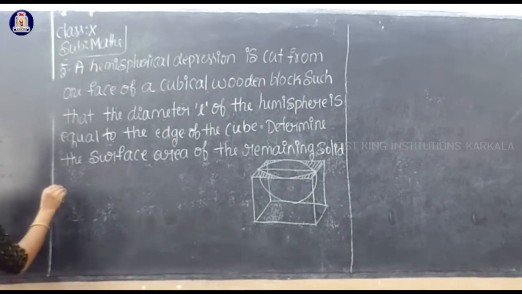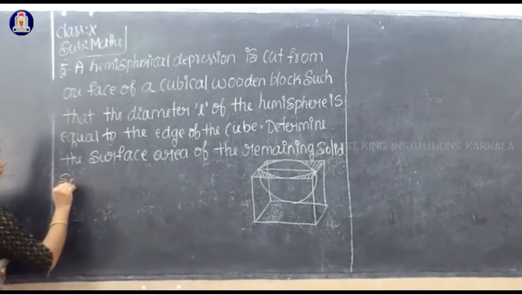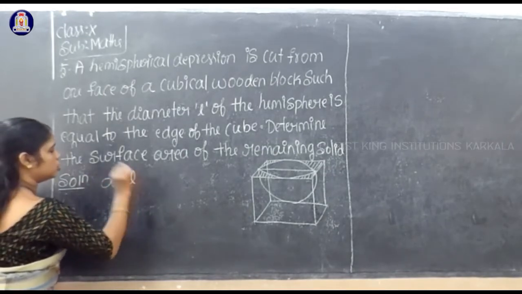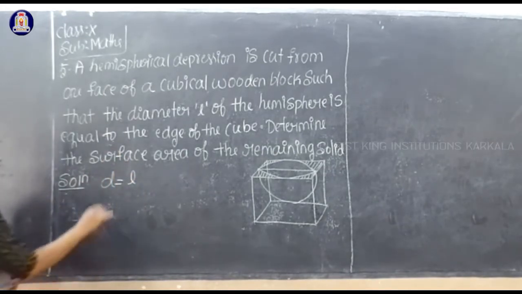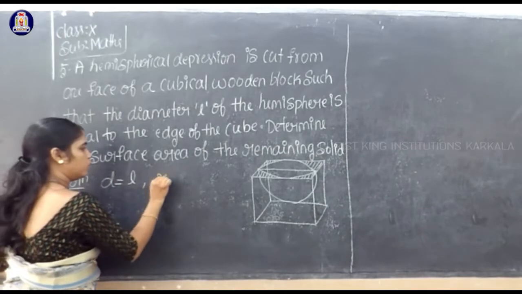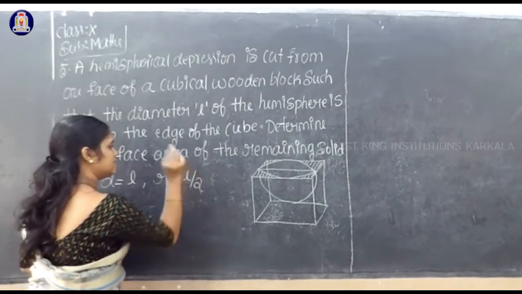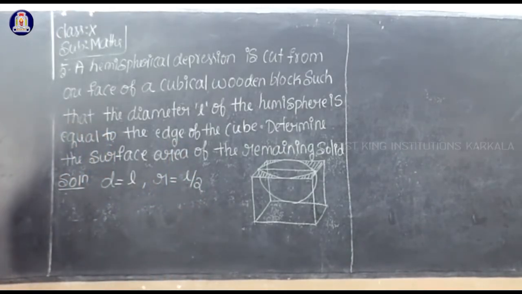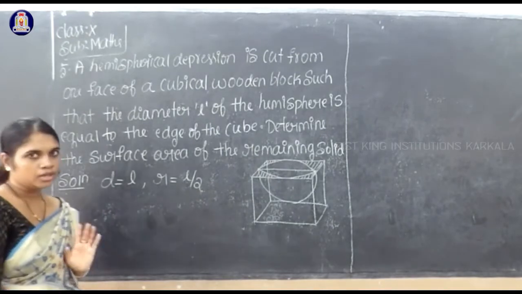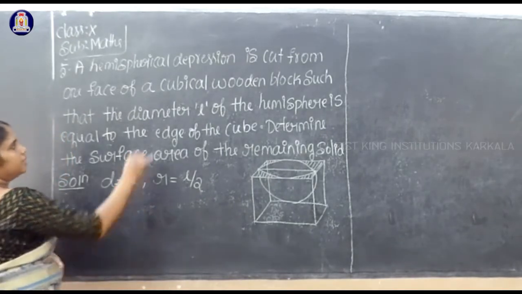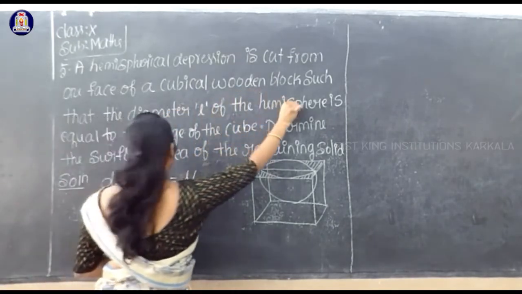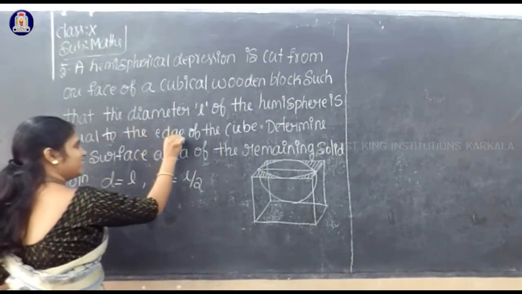Solution. Diameter of the hemisphere is equal to L. If diameter is equal to L, then radius is equal to L by 2, isn't it? Radius will be half of the diameter. Also given here, the diameter of the hemisphere is equal to the edge of the cube.